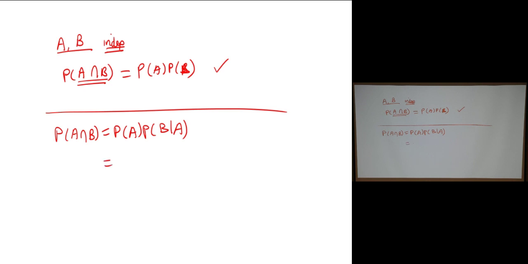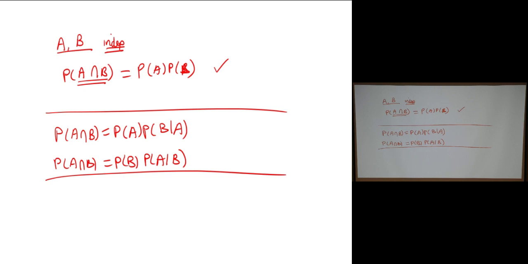Or alternatively, you can look at B first, and then A given B. All right? So these two ways do not require A and B to be independent. So it applies to independent and not independent events.